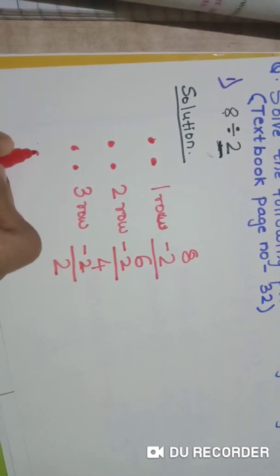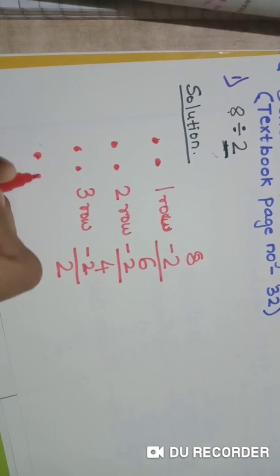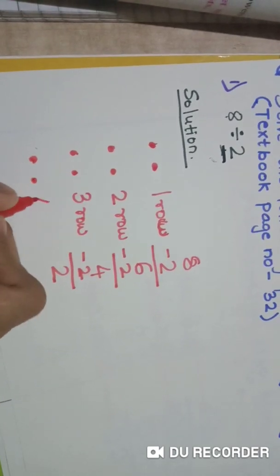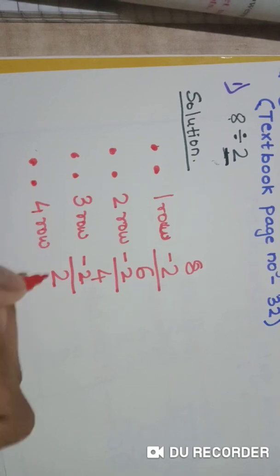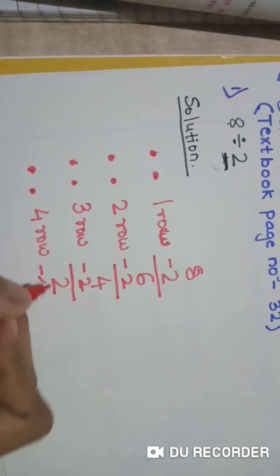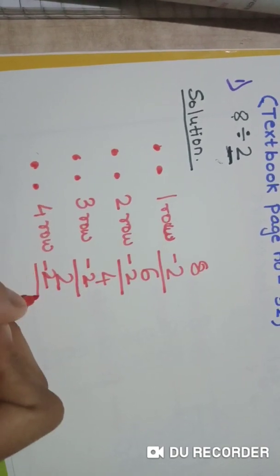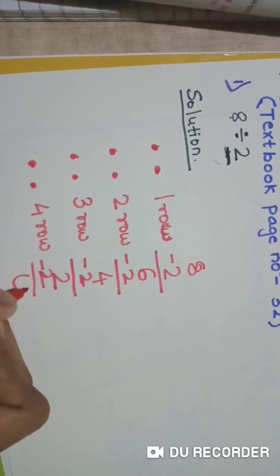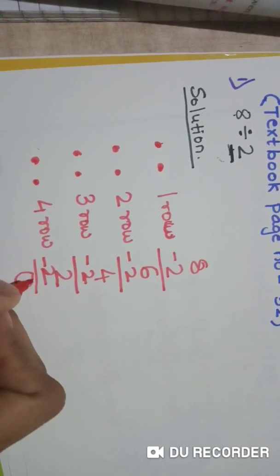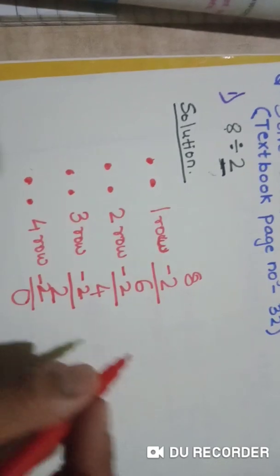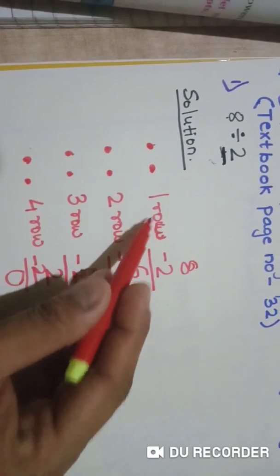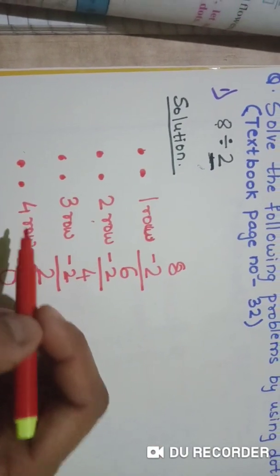Then again we will draw 2 dots. This will be our fourth row. Then again 2 will be subtracted. 2 minus 2 is 0. Therefore how many rows are formed here? 1, 2, 3 and 4.